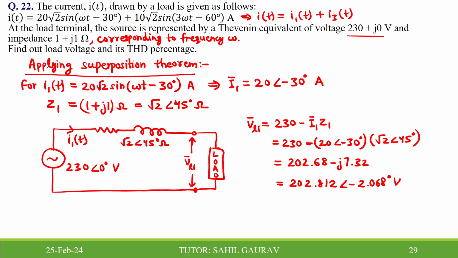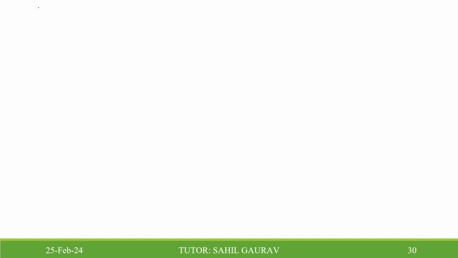Now we will apply for I3T, the third harmonic component. The third harmonic component of current is 10 root 2 sine 3 omega t minus 60 degree.